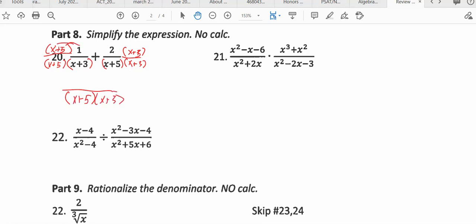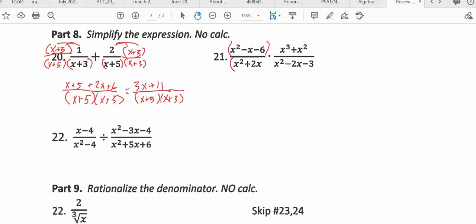And the numerator is just x plus 5 plus 2x plus 6. And then you're just going to simplify that. It looks like that would be 3x plus 11 over x plus 5 times x plus 3.